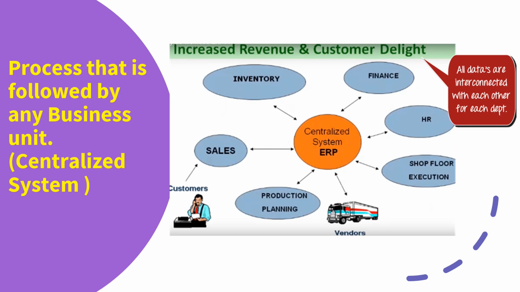So if we talk about this scenario, when a customer approaches the sales team to buy a product on an urgent basis, the sales team has real-time access to the products in inventory, which is updated by the inventory department in a centralized location or system.